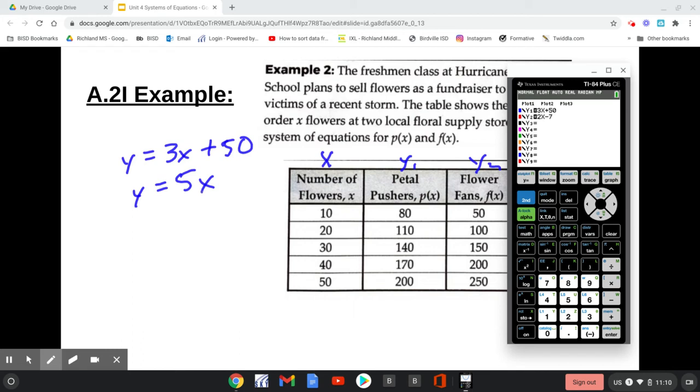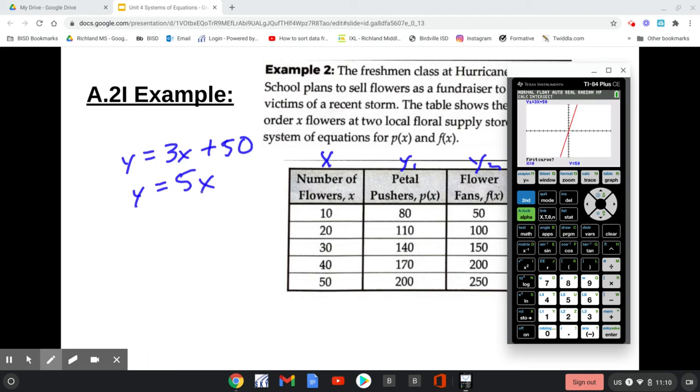And then I'm going to put 5x. Sorry guys, wrong one. Y equals. Now I'm going to hit enter, and I'm going to hit second, trace, 5.